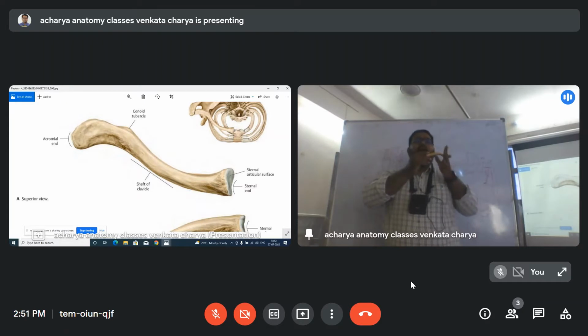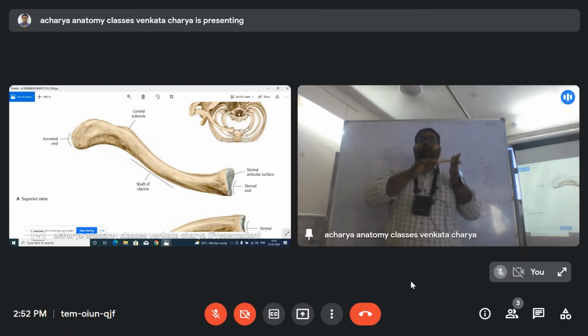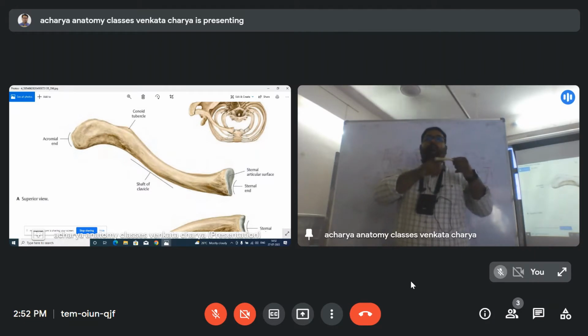Next, anterior two-third parts. See here, and this is a two-third part. Medial two-third part is convex forwards.